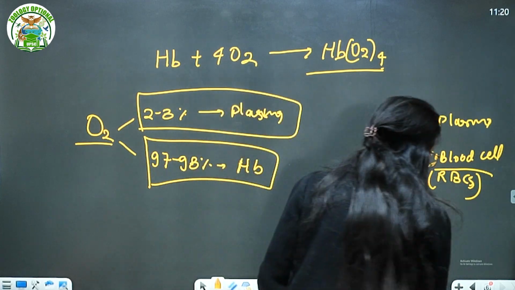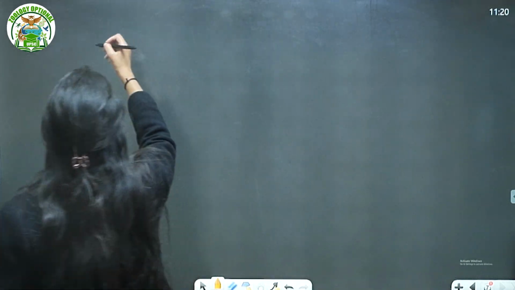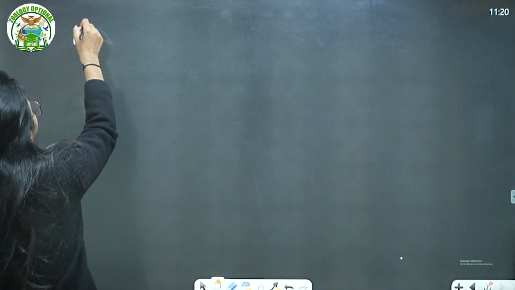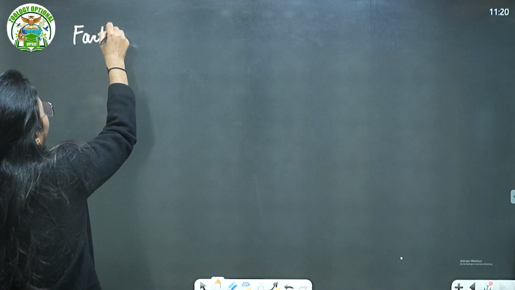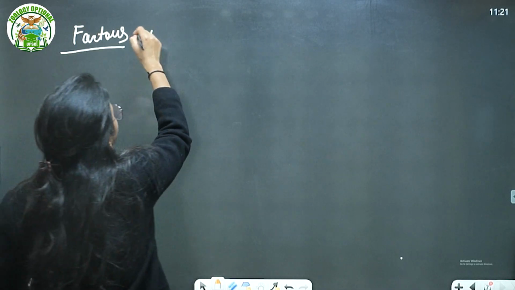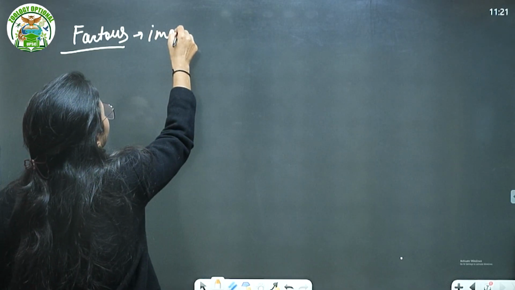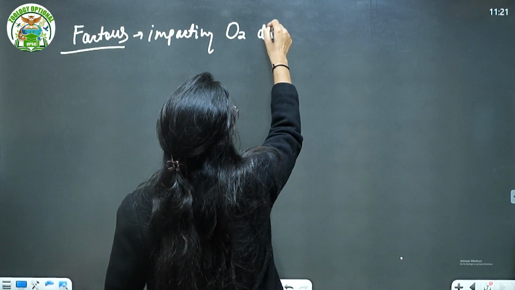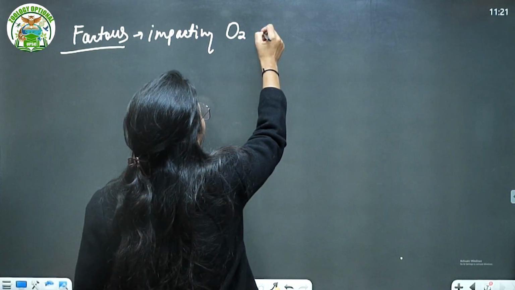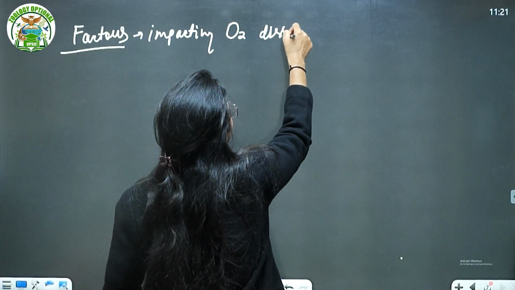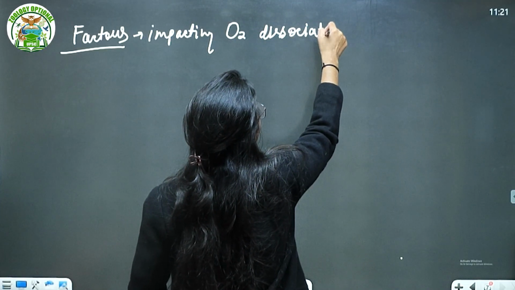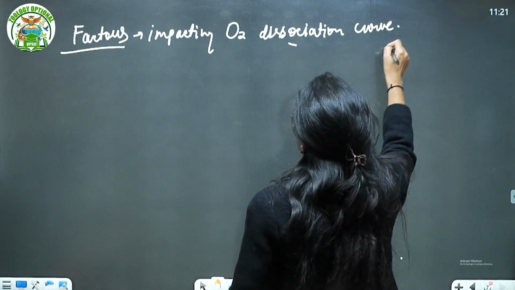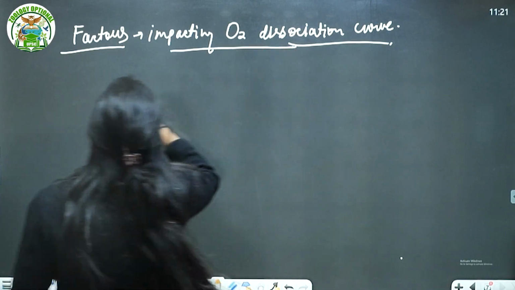Now we're talking about the factors. What are the factors impacting oxygen dissociation, or the oxygen dissociation curve? So majorly, here are the factors.